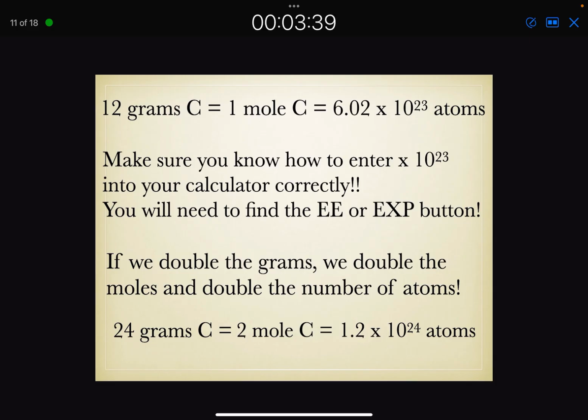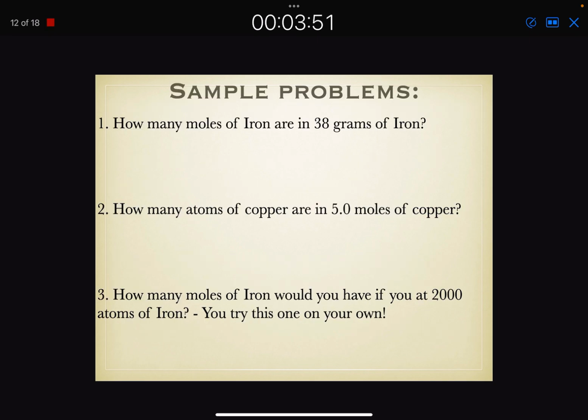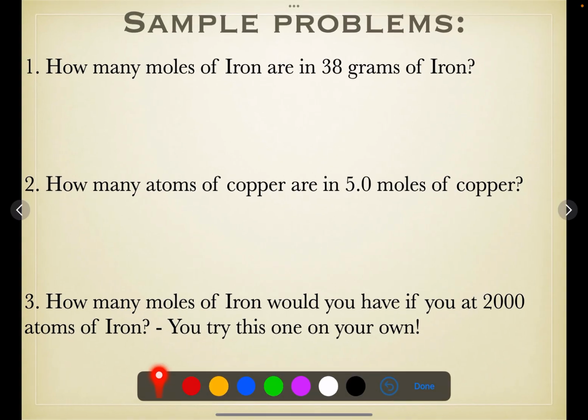This unit will be really easy if you just keep track of your units, and remember that to cancel out a unit, you need the same thing on top and bottom of your equation. I'm going to do the first 2 sample problems, and then you're going to do number 3 on your own. Starting at the top: how many moles of iron are in 38 grams of iron?